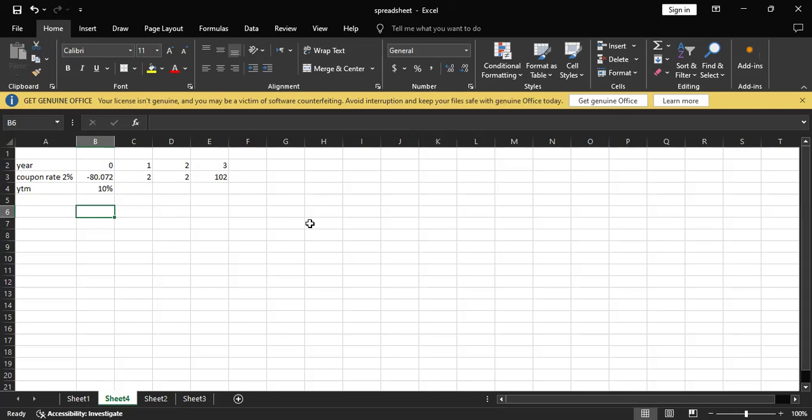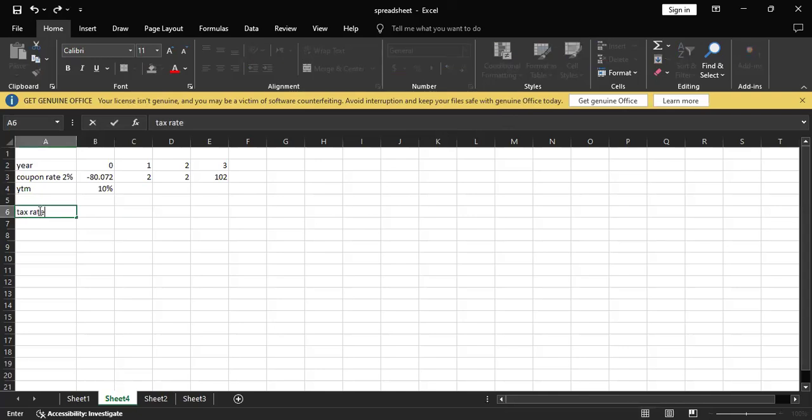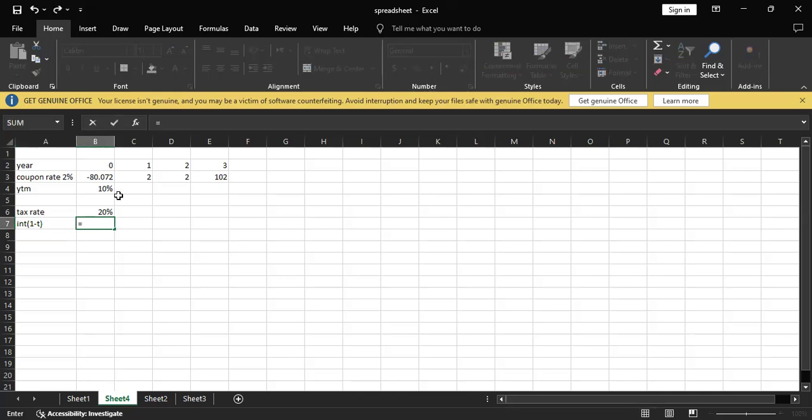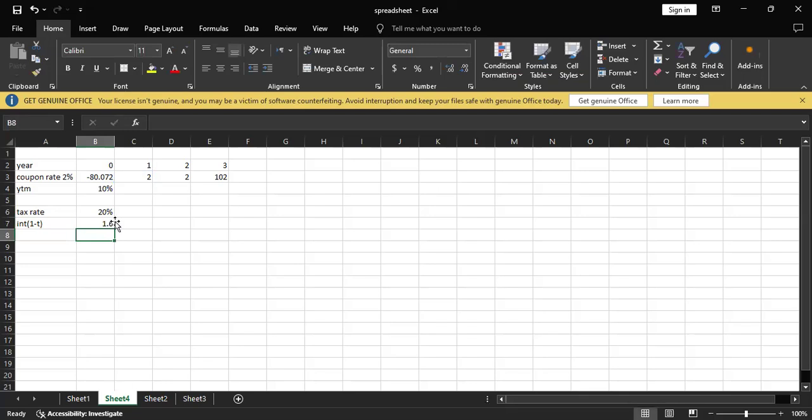Let us assume that the tax rate is 20%. So guys, what will be the interest into 1 minus t? 1 minus t will be 0.8. So you will take this figure, multiply by 8%, 0.8. It will be 1.6.